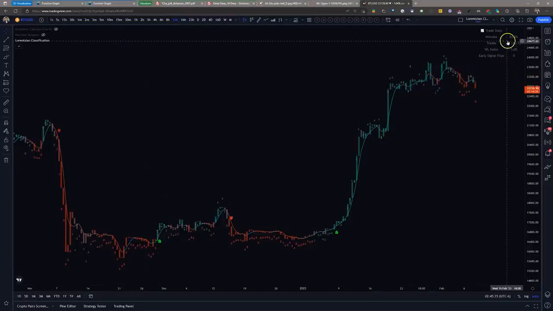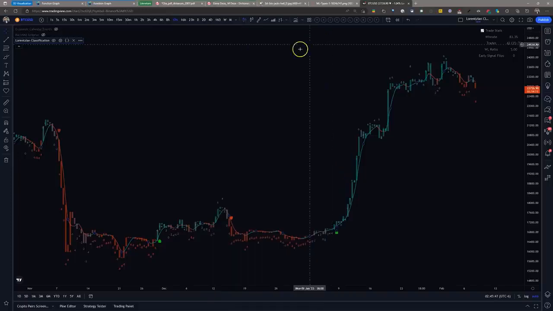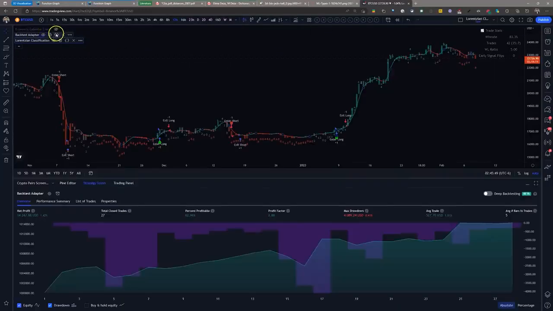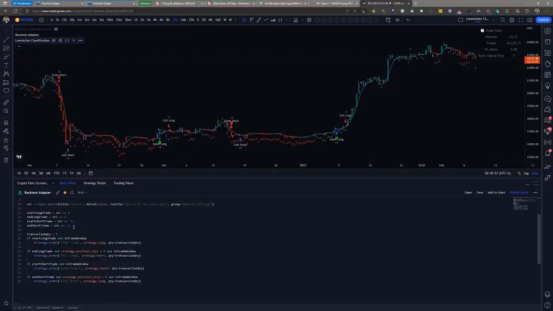Now for actually backtesting it, this was not meant to be a backtesting framework initially, but I did add in an option to kind of force this into, I guess, a mode that matches more closely the native backtester. The way you can actually get this to work is if you set up a backtest adapter here, like I have.